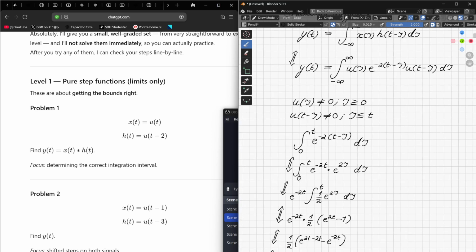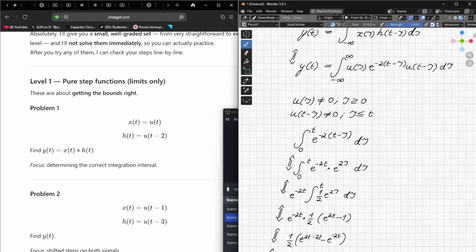This is the actual meat and potatoes of our function. So what we can do here is simplify this function by understanding the power rules. Because this is bracketed, we can unfactorize this by saying minus 2 times t, so that's minus 2t, and then here is minus 2 times minus tau, so that's 2 tau.